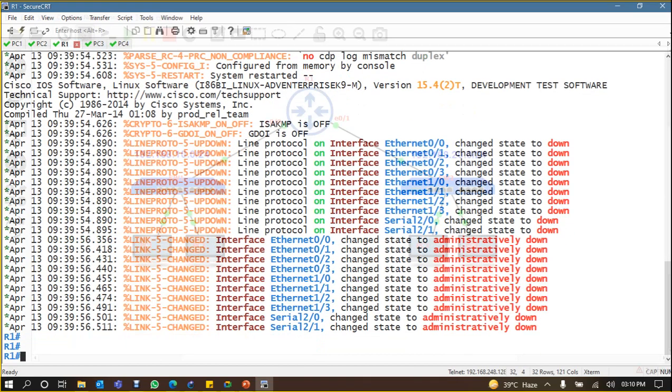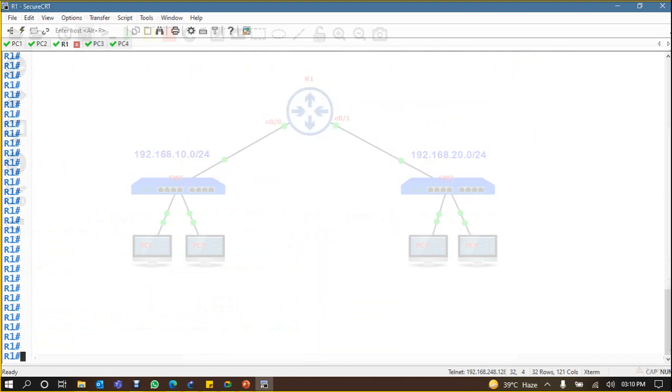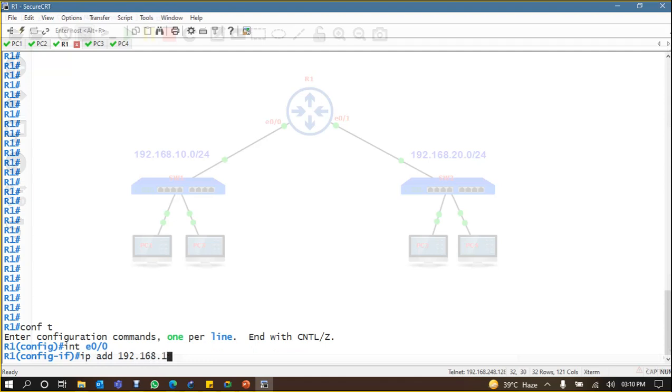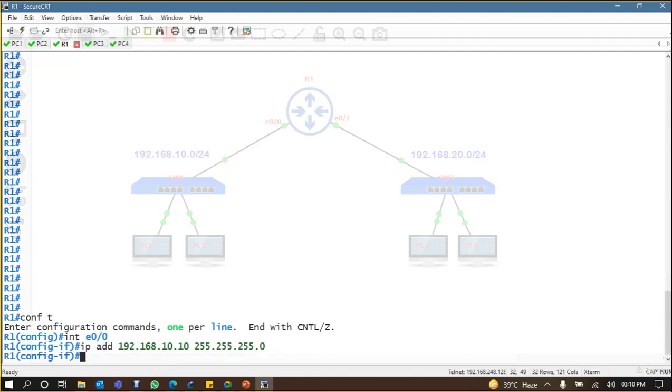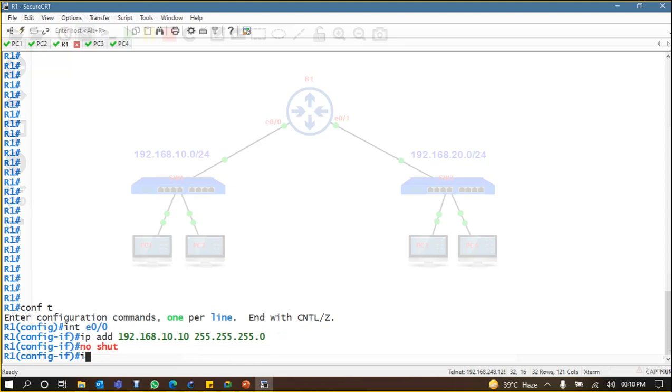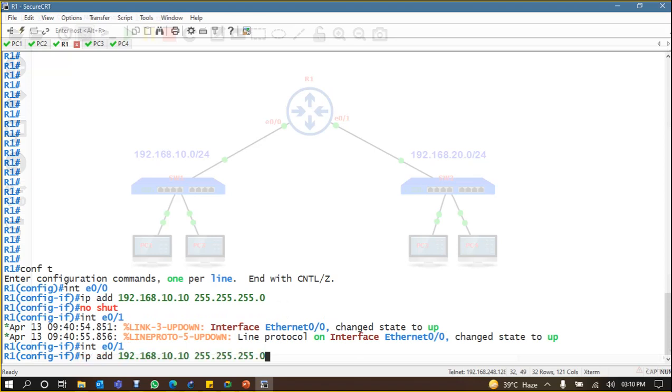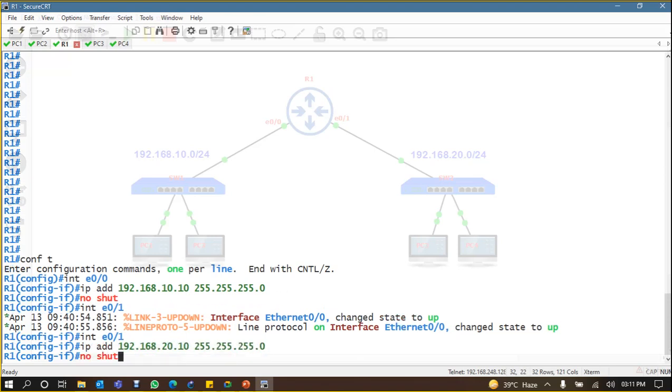On the R1 router we have two interfaces, E0/0 and E0/1. Configure interface E0/0, IP address 192.168.10.10, no shut, and then interface E0/1, IP address 20.10, no shut.